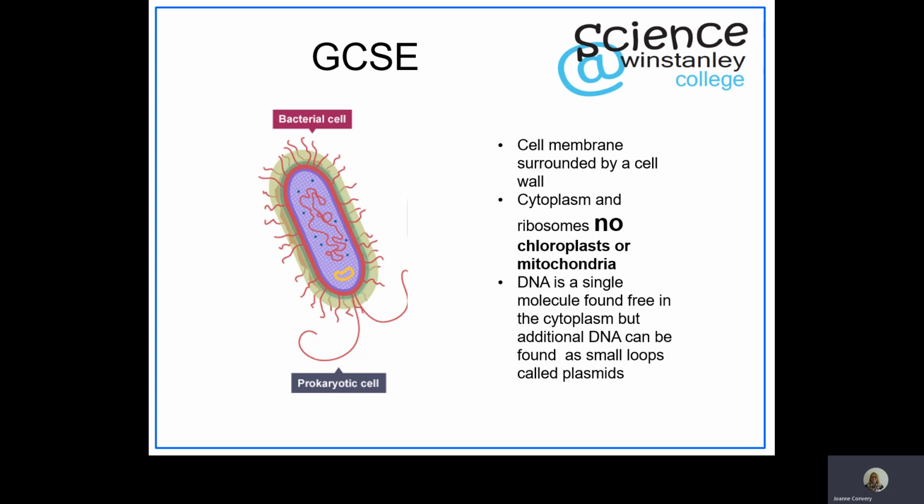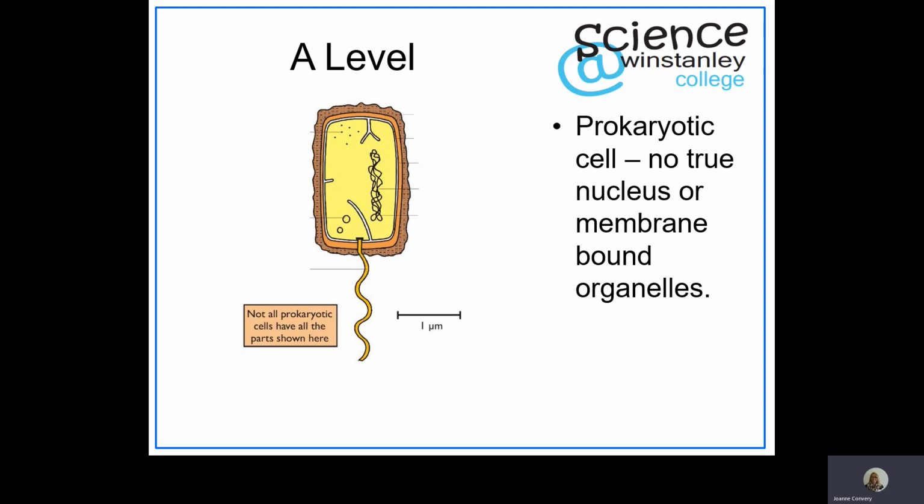At A-level we have a little bit of a step up in the details surrounding the structures of the prokaryotic cells that we're expected to really get to grips with and understand. So let's start with the first bit. The first and most important thing is understanding your definition of a prokaryotic cell. At A-level, we always talk about having no true nucleus or membrane-bound organelles.